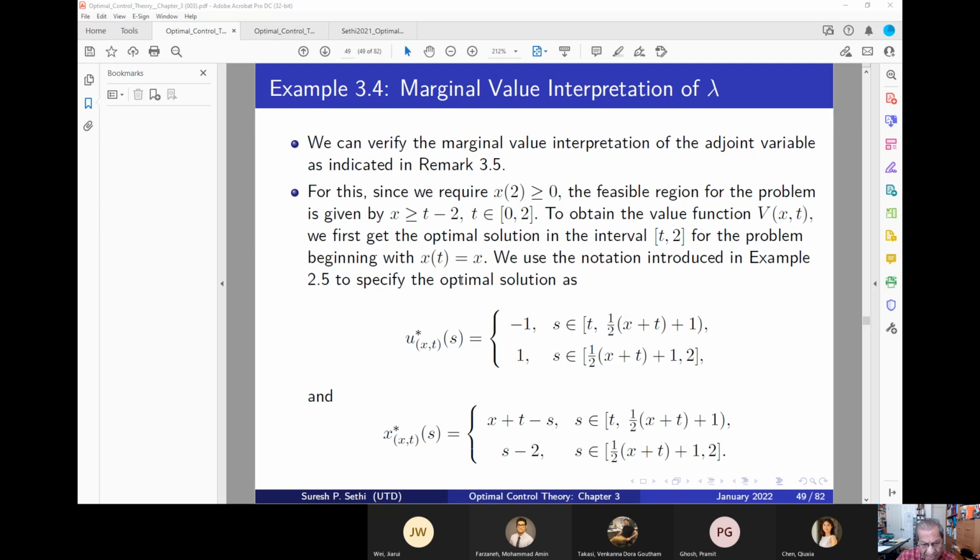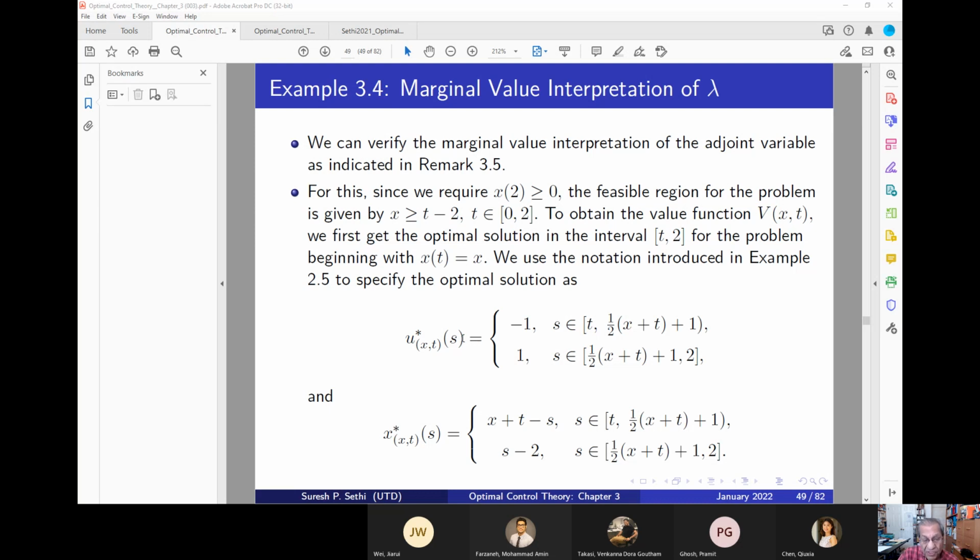The notation was that I start with the x,t value for any time t. So let x,t be x at some time t. Then the control u star for any s which is bigger than t is going to be -1 and then +1.